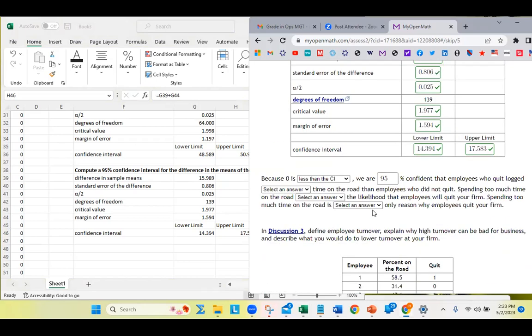Yeah. So you're going to say, because both your lower limit and your upper limit are positive, yes, so because zero is less than the confidence interval, we are 95%, in your case 99%, confident that employees who quit logged more time on the road than employees who did not quit.